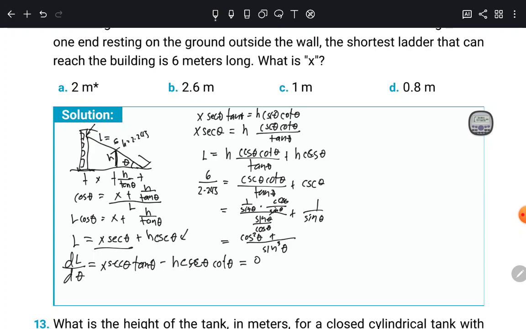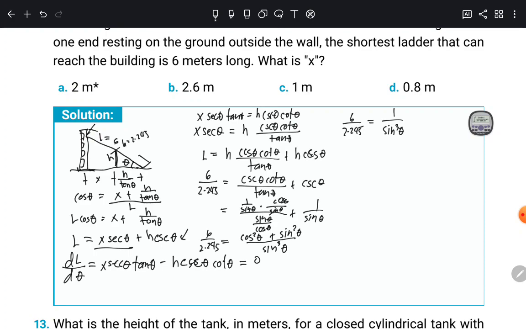Then plus sine cube theta divided by sine theta is sine squared of theta. And this will be equal to 6 all over 2.245. Then we can simplify this further. Cosine squared theta plus sine squared theta is just equal to 1. So we have 6 all over 2.245 is equal to 1 all over sine cube of theta.